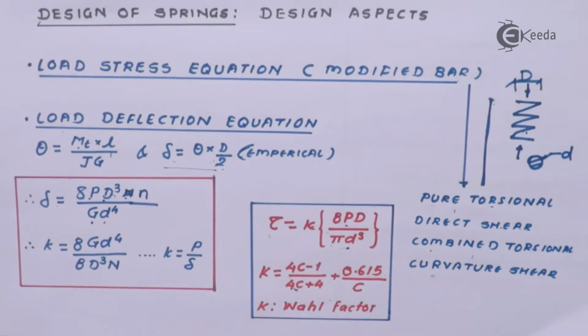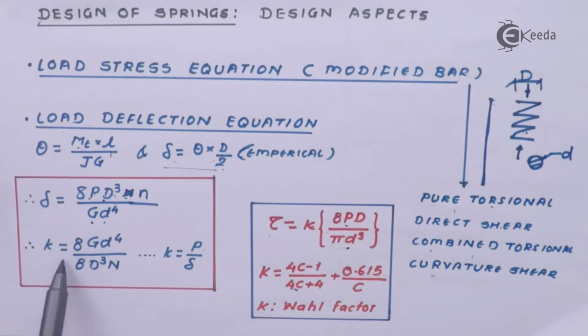Now there was another relation found, a small k factor. Now this K and this k are different. If you see, it's a capital K and a small k. Small k is given by the ratio of force to the deflection, which is nothing but the spring constant. It gives the unit Newton per millimeter. So it's the spring constant. The spring constant can be modified after using these two terms, P and delta.